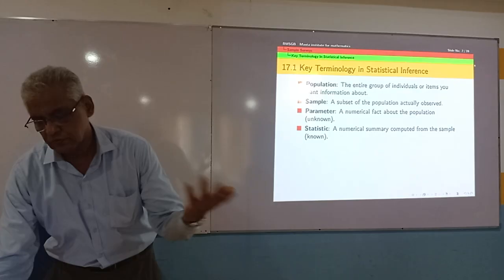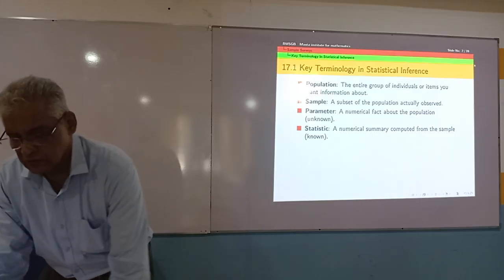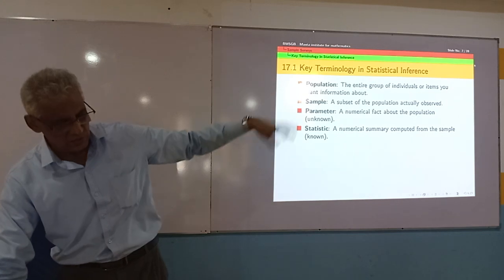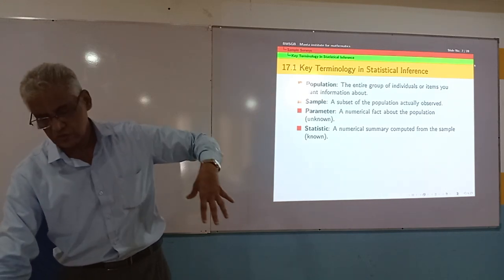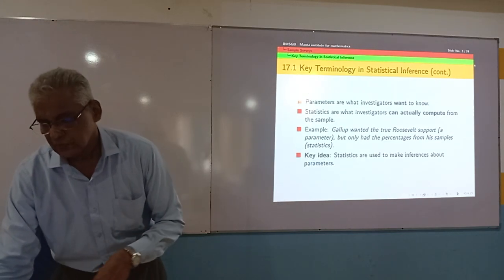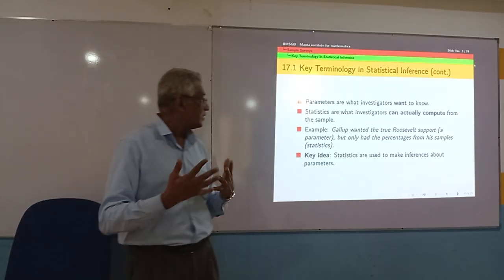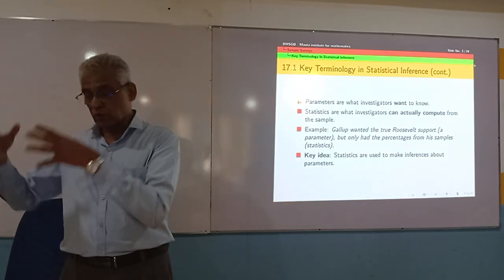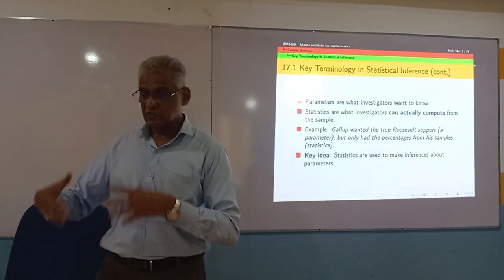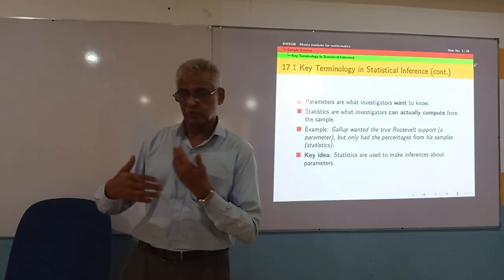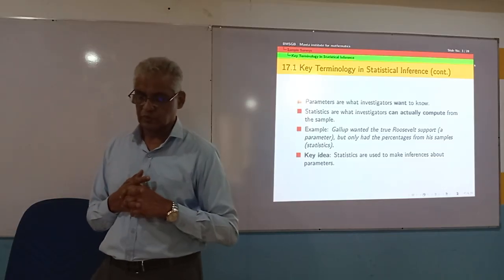So the four words are population, sample, parameter, and statistic. A parameter is related to a population; it's an unknown constant. A statistic is coming from the data. Parameters are the quantities that we want to know. Statistics are what we investigators actually observe, actually compute from the sample.